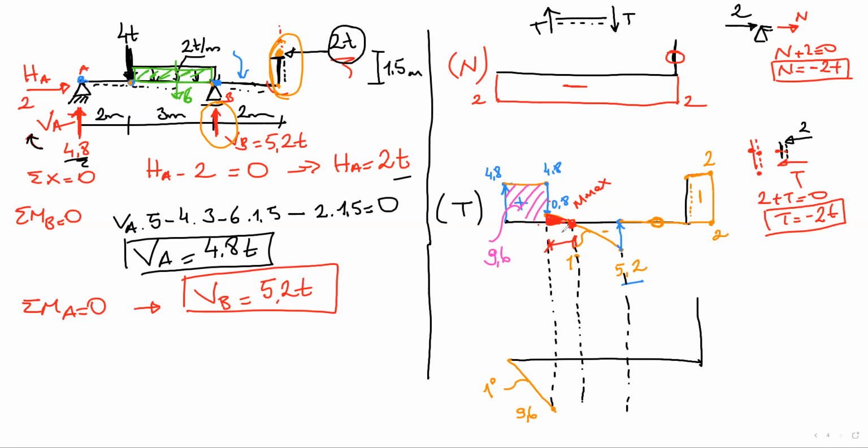If we say here x, this total distance is 3, so this portion is 3 minus x. By the rule of similar triangles, x over 3 minus x equals 0.8 over 5.2.